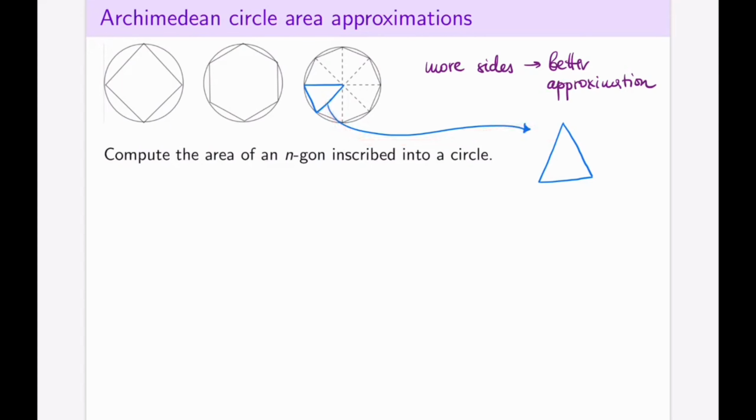What we know of the circle itself is a radius. The radius goes from the center to the circle itself, so we notice that both sides of our triangle are in fact radii of our circle. Now, in terms of computing the area of this triangle, the radius isn't going to be particularly useful here.